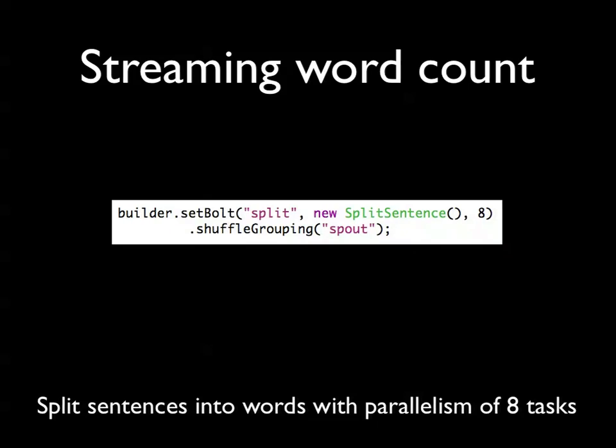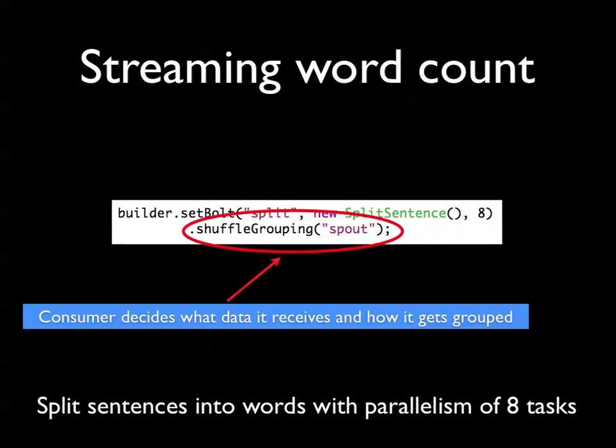Okay, now let's create our first bolt. This bolt is called split sentence, and it will take a stream of sentences and emit a stream of words. We give it an ID of split. The implementation is split sentence, which we'll look at in a second. We give this bolt a parallelism of 8, so we're going to spread the load of splitting the sentences across 8 tasks across the cluster. Then we say this bolt reads its input from the spout component using a shuffle grouping.